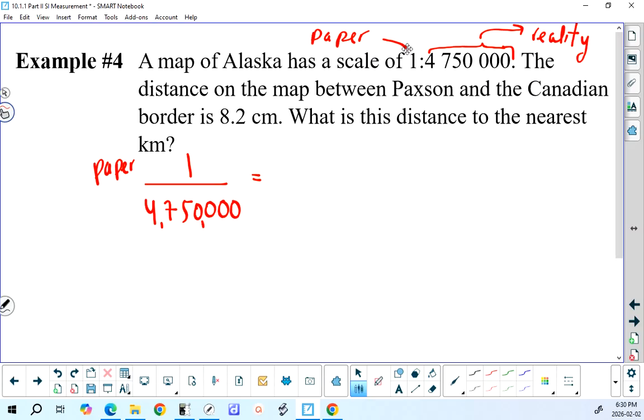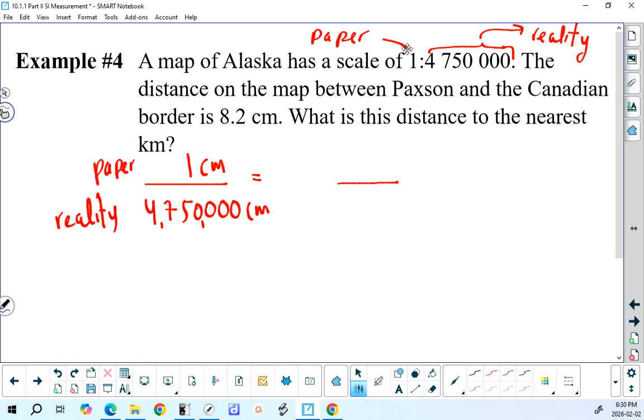What it represents in the real world is this distance. So in reality, 1 centimeter on paper is that many centimeters in reality.